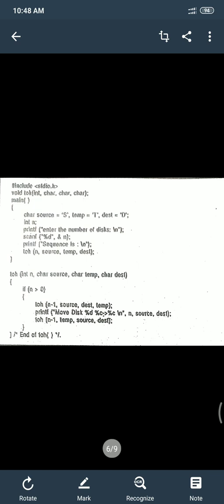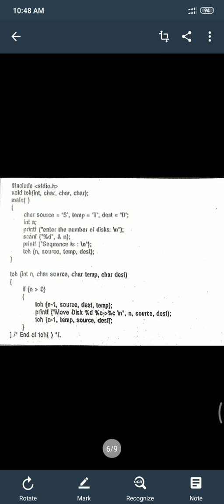Now let us print move disk %d from %c to %c, where %d indicates the disk number, %c indicates the source, and one more %c indicates the destination.